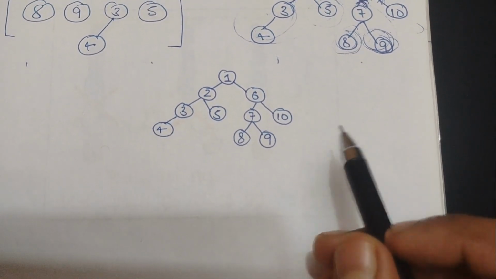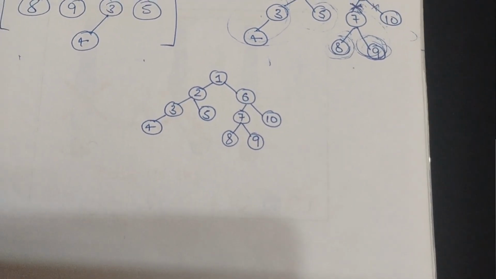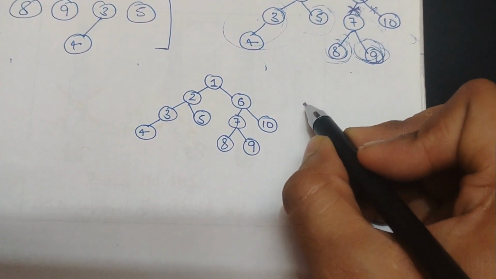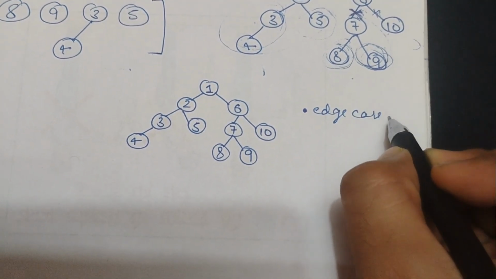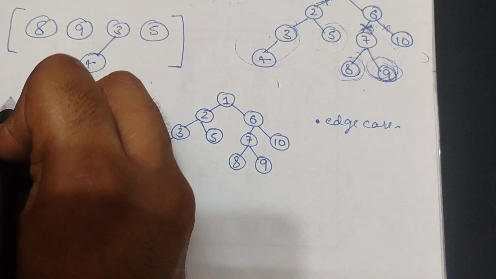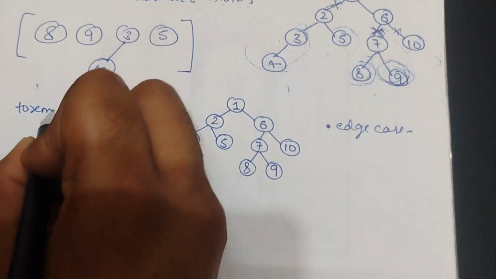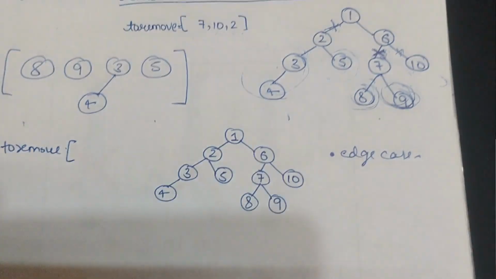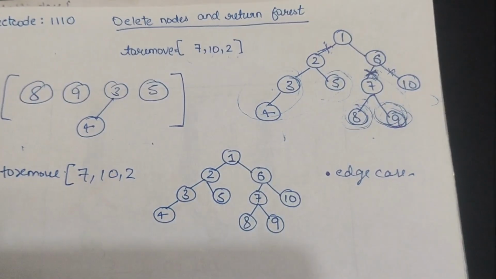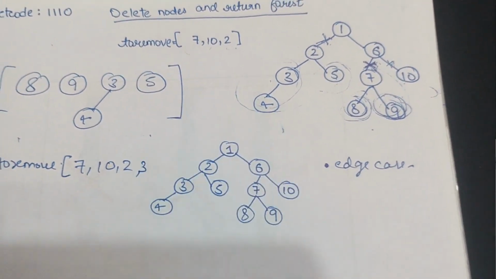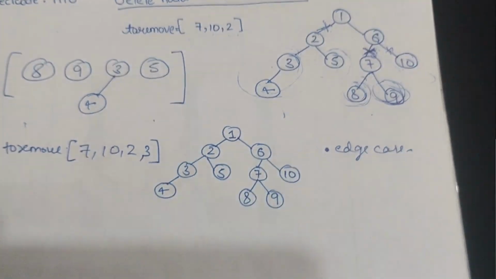Before jumping to the code, I remembered one important point, an edge case. What if the to remove array, as previously it was 7, 10, 2, additionally had 3 in it?